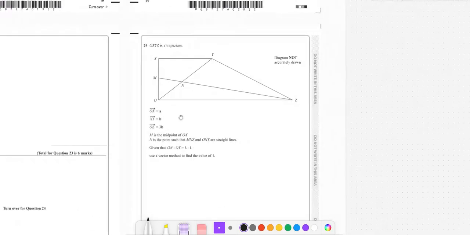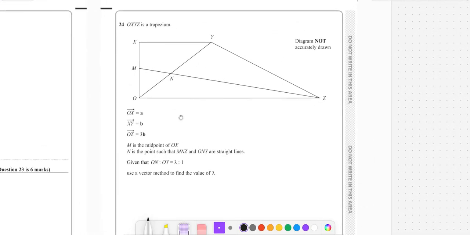Okay, back to the question. M is the midpoint of OX. N is a point such that MNZ and ONY are straight lines.